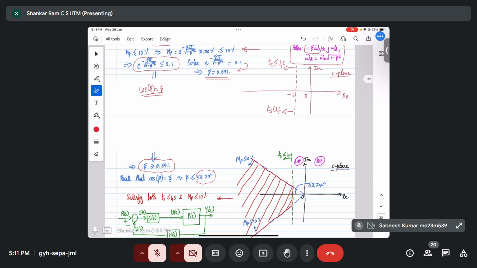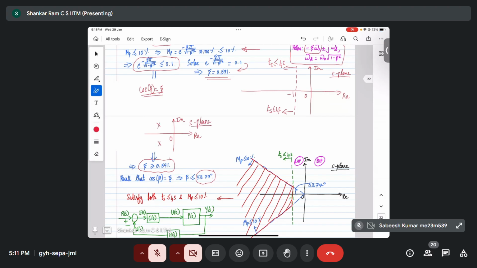Now, what is this angle beta? If you recollect, what was this angle beta in the context of underdamped second order systems? Cos beta is equal to zeta, sir. Yeah, exactly. But then, graphically, what was that angle beta?